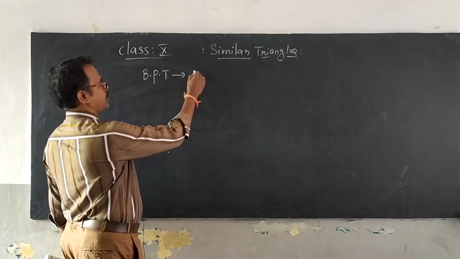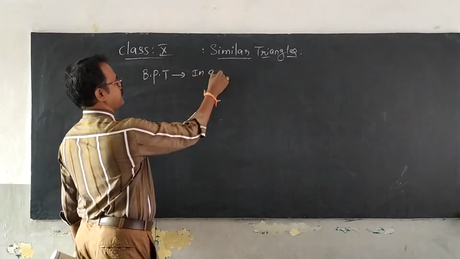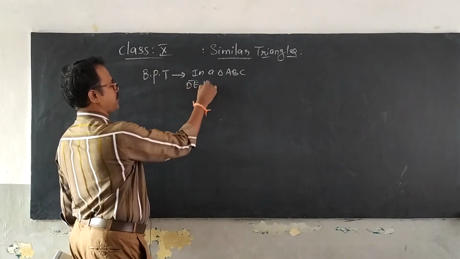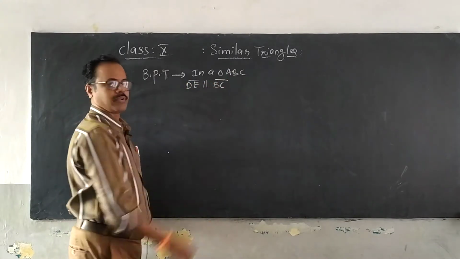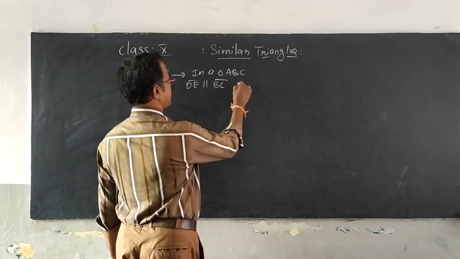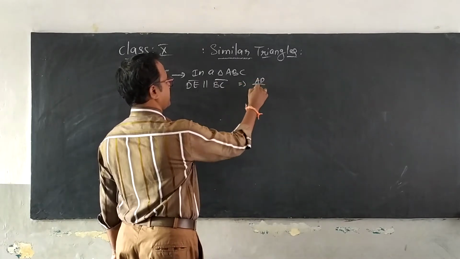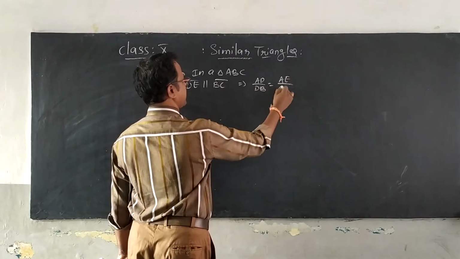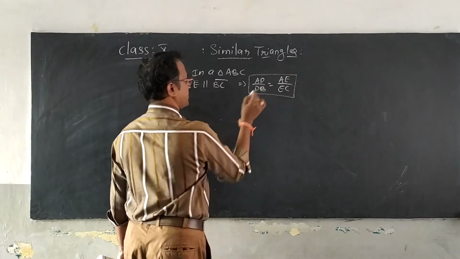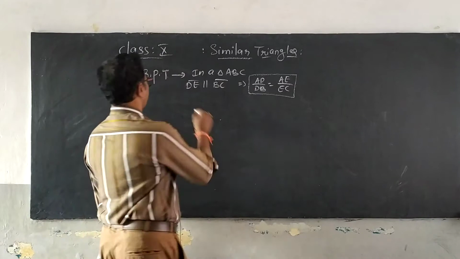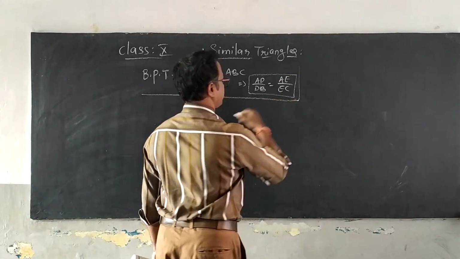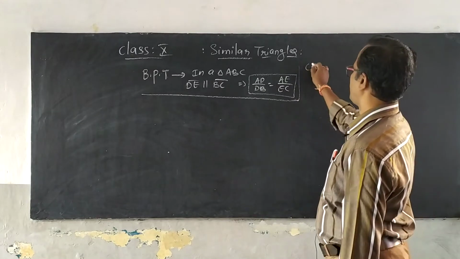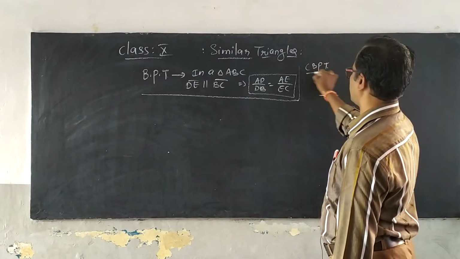If in a triangle ABC, line segment DE is parallel to line segment BC, we say that AD by DB is equal to AE by EC. Similarly, the converse of this is the CBPT, the converse of the basic proportionality theorem.